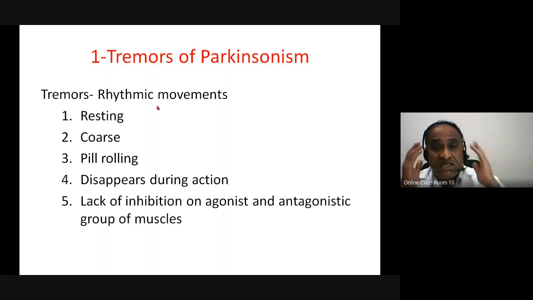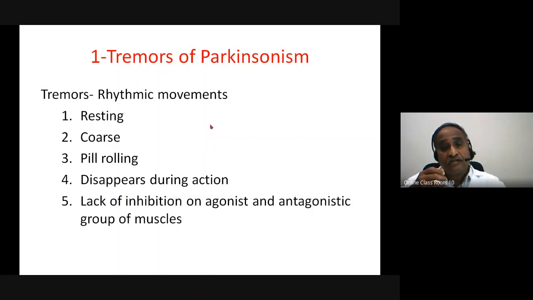Now, the tremors of Parkinsonism must be distinguished from the tremor of cerebellar disorder. In the cerebellum, what happens? The tremors happen when a person tries to reach certain objects, and then he has a tremor while holding it.